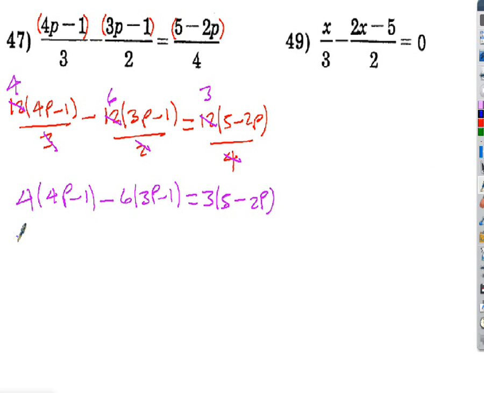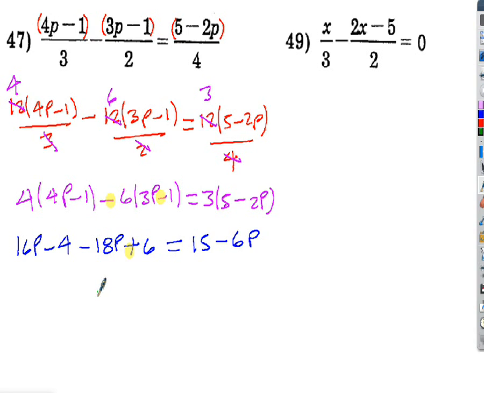Expanding my brackets, that will now be 16p minus 4 minus 18p plus 6, be careful of the double negatives, and that's equal to, on the right hand side, 15 minus 6p. So again, be careful of the double negatives that occur sometimes. Double negatives here will give me the positive 6 here.